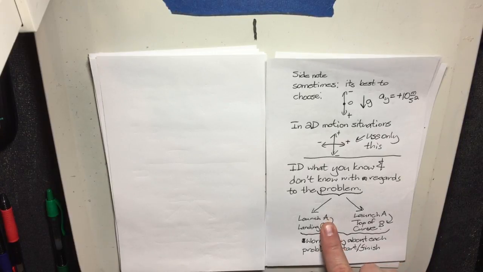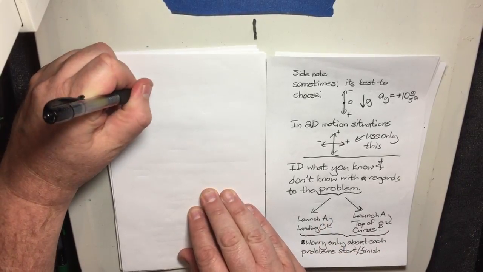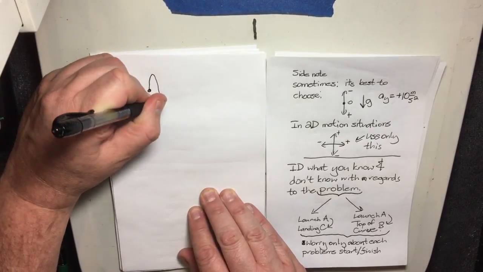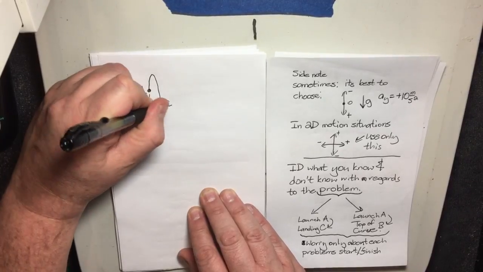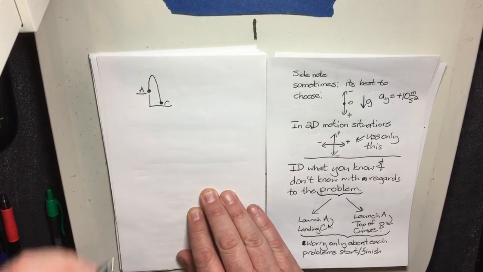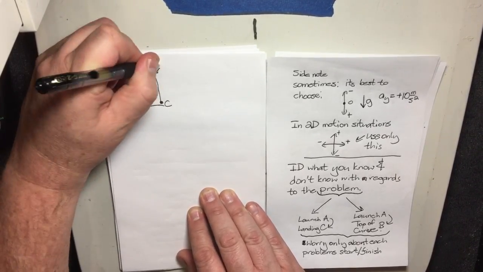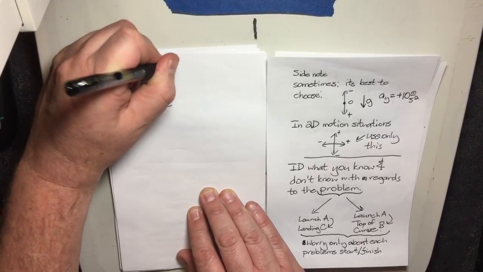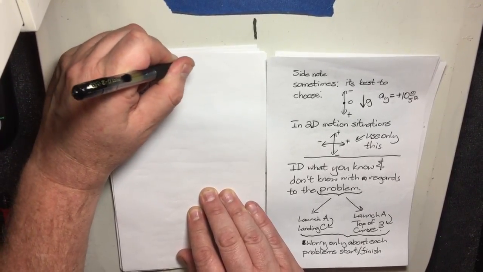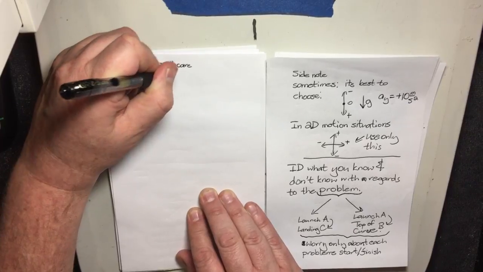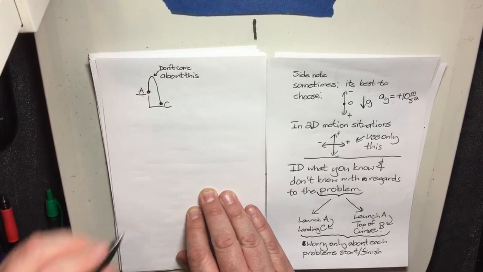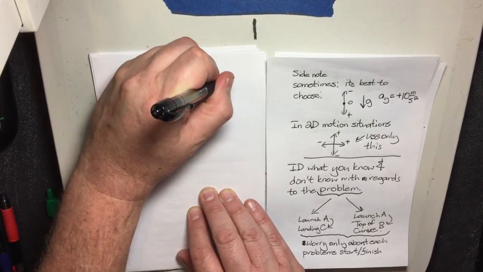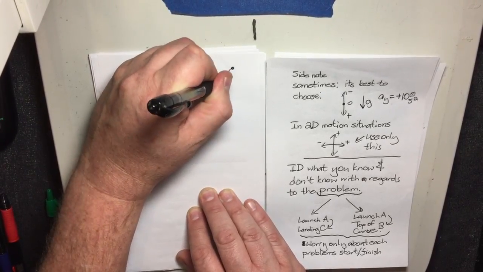In this particular problem, the start is at the top of the hill, the end is on the valley floor. I don't care about this. The other part, it launches and it reaches the top.